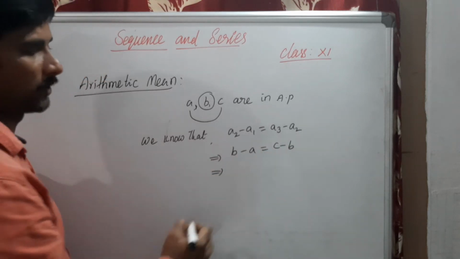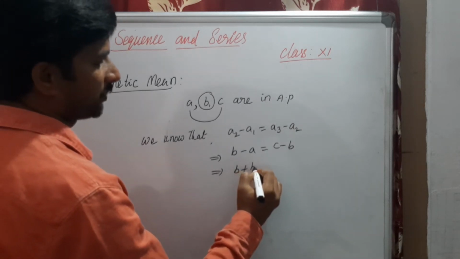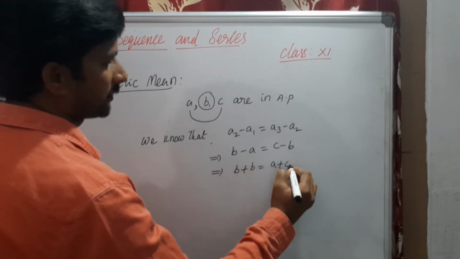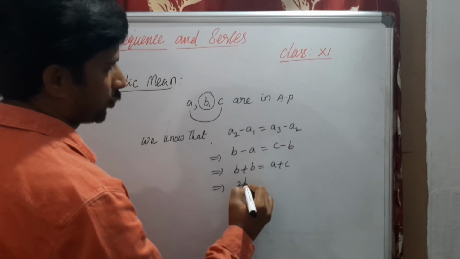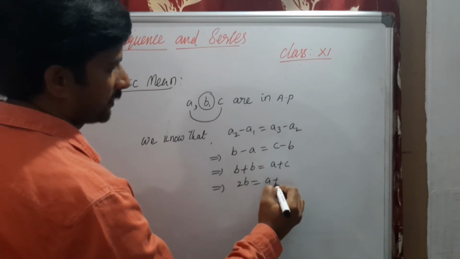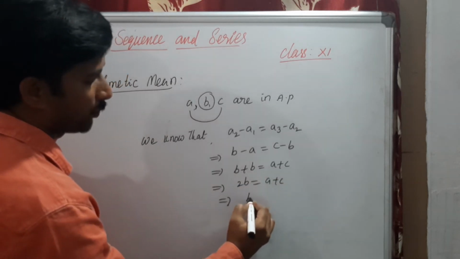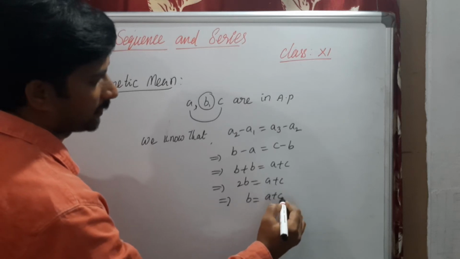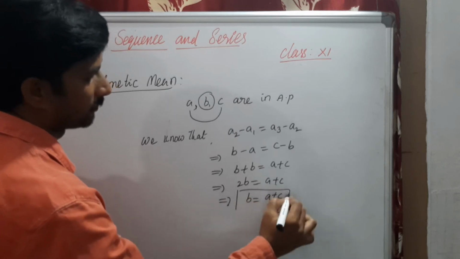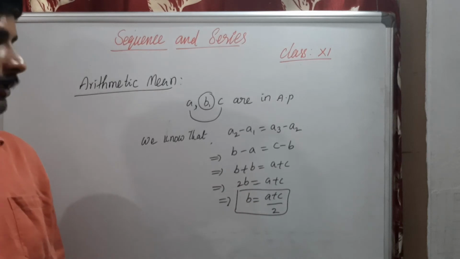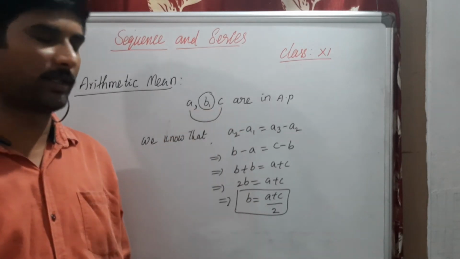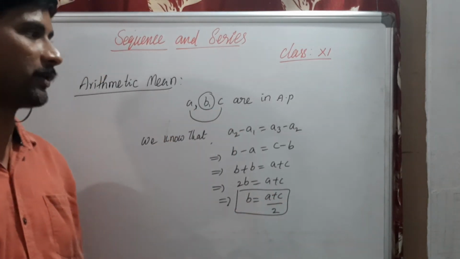Collecting the like terms on one side, B plus B is equal to A plus C, which implies 2B is equal to A plus C, and B is equal to (A plus C) by 2. So this is the arithmetic mean of A, B, C. So B equal to (A plus C) by 2.